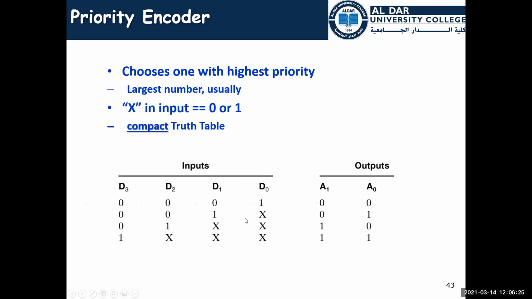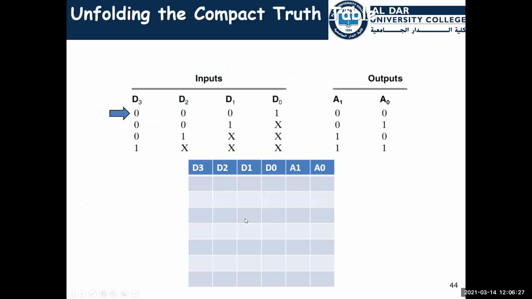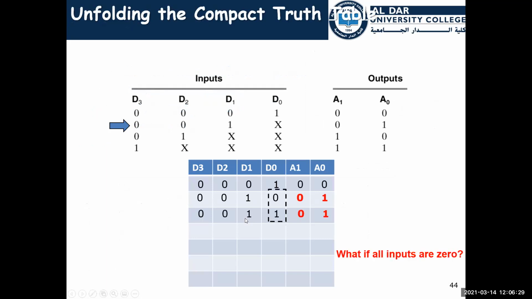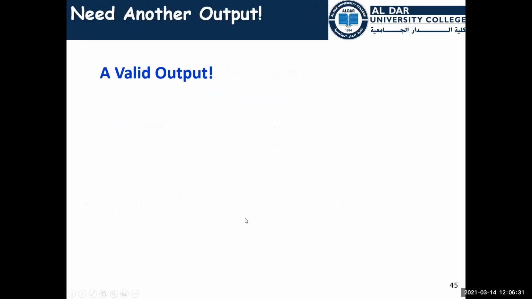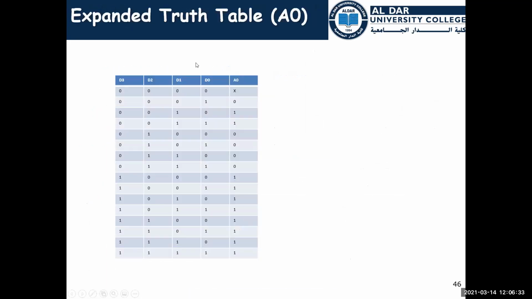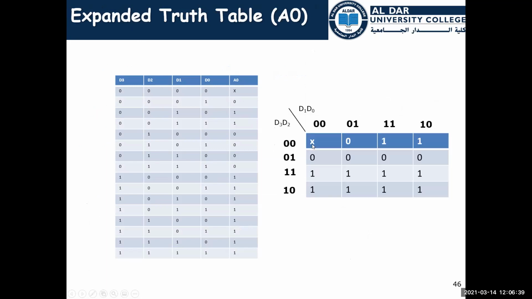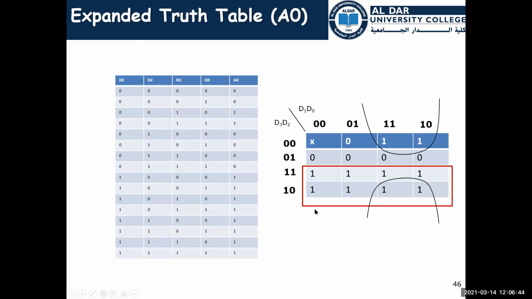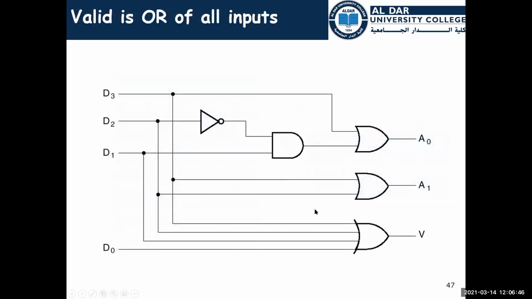And I said, if I have all zero input, what will I do? I said I will have a valid output. Then I made the truth table of all of the inputs, and then I started to make the Karnaugh map, and finally I implemented the priority encoder. This is the priority encoder, including the valid output.